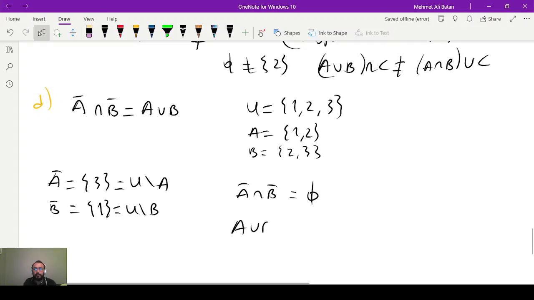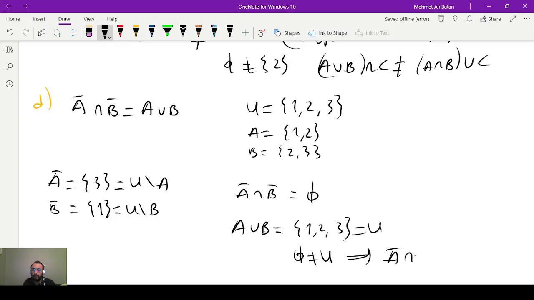A union B is {1, 2, 3}, which is equal to the universal set, and clearly the empty set is not equal to the universal set, which means A complement intersection B complement is not equal to A union B. Okay, so the statement in part D is also not true at all.